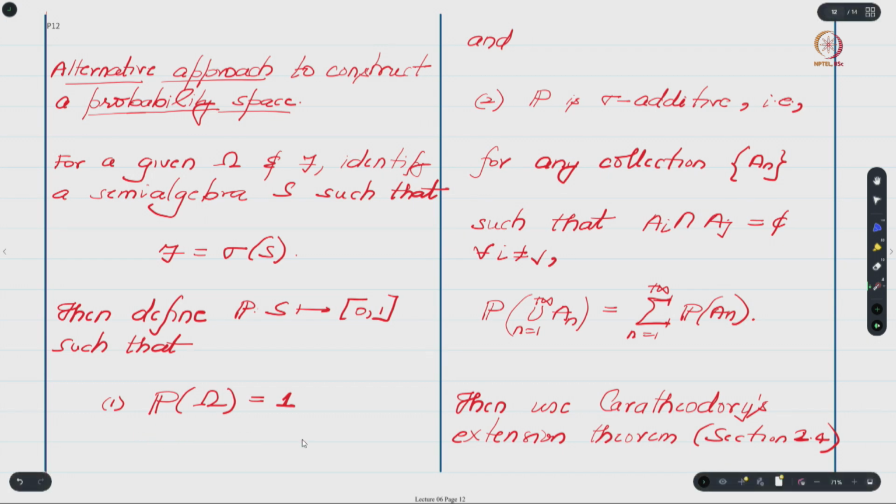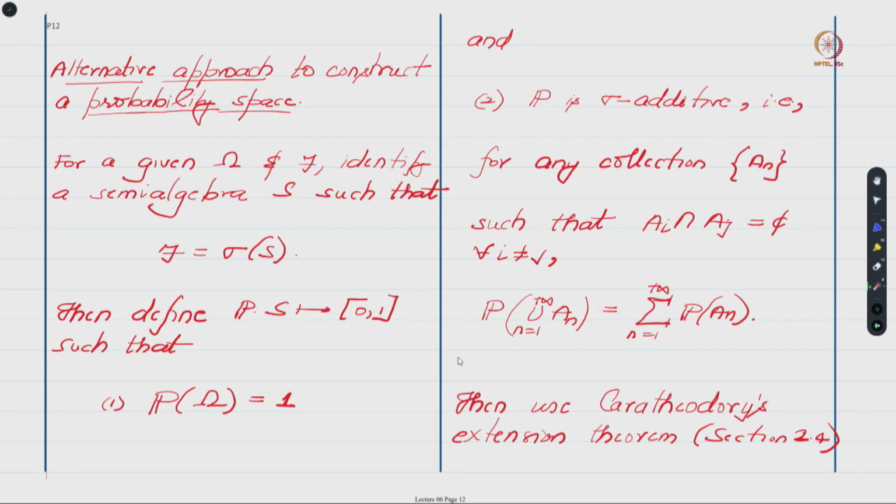The first is that for the sample space omega, P should assign the value 1, and it should be sigma additive, that is, for any collection An in S such that they are pairwise disjoint, your P should satisfy this countable additivity property.